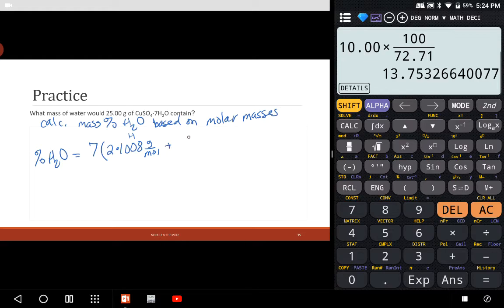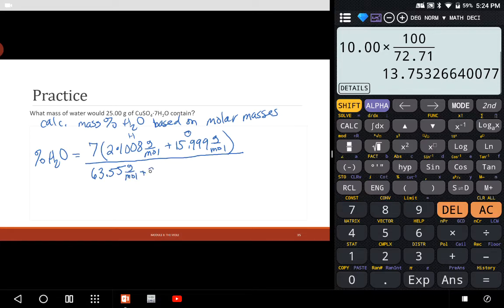And then I have 1 oxygen, so that's 15.999. And then I have to work out the copper sulfate heptahydrate. Copper is 63.55 grams per mole. Only one of those.